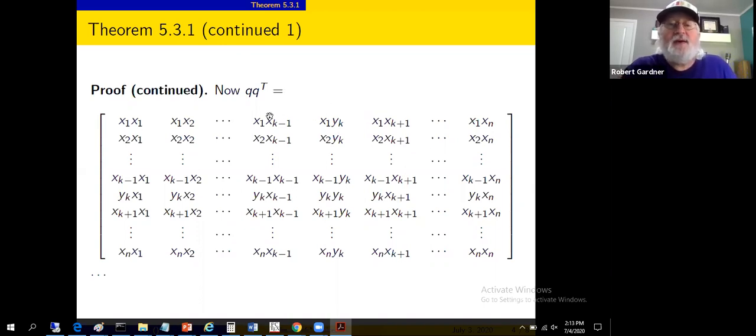So instead of getting x1 times x sub k, we'll have to use the y sub k because of the entries in the Q vector. So we get these y sub k's all along the kth column as the second part of that product, and we get y sub k's as the first part of the product along the kth row. And there's your y sub k that we were talking about before. So the outer product is expressed in terms of components of this and this.